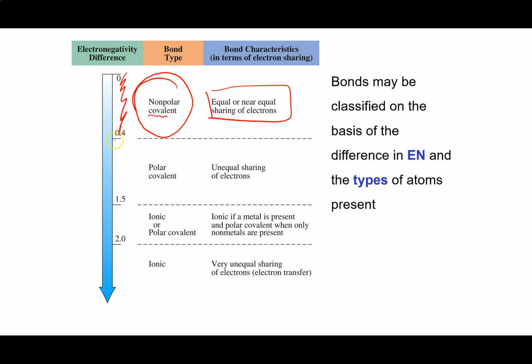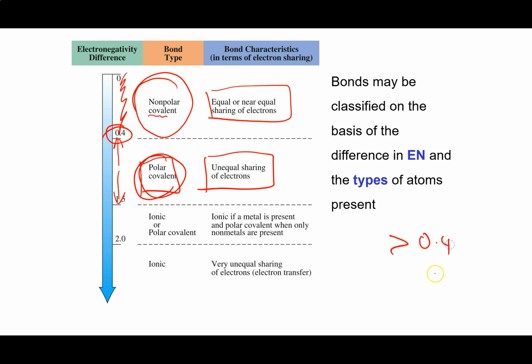Now, if your difference in electronegativity is greater than 0.4, then that's going to result in significantly unequal sharing of electrons, and we're going to classify the bond as polar covalent, and we'll see obvious manifestations of this in the molecule's chemical and physical properties. So this is our cutoff here. If the difference is greater than 0.4, then it's going to be classified as a polar covalent bond, and that will manifest with giving the molecule particular types of properties that we wouldn't otherwise see.